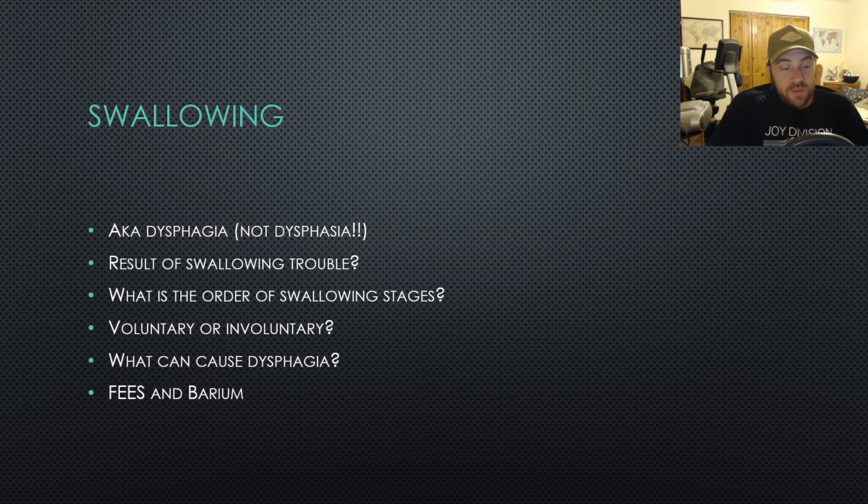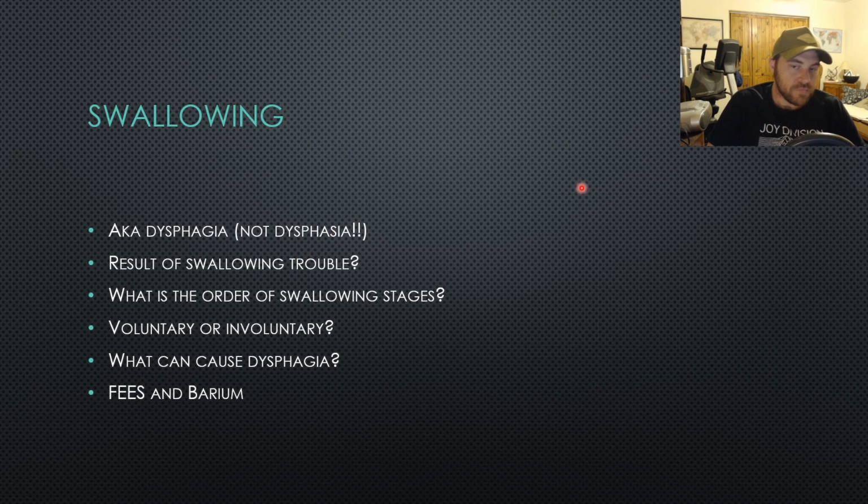In this profession, you're absolutely going to hear it. But you're also going to hear a lot of times dysphagia with a G here. So dysphagia with a G is a swallowing disorder, and dysphagia here is a speech disorder, a language disorder.